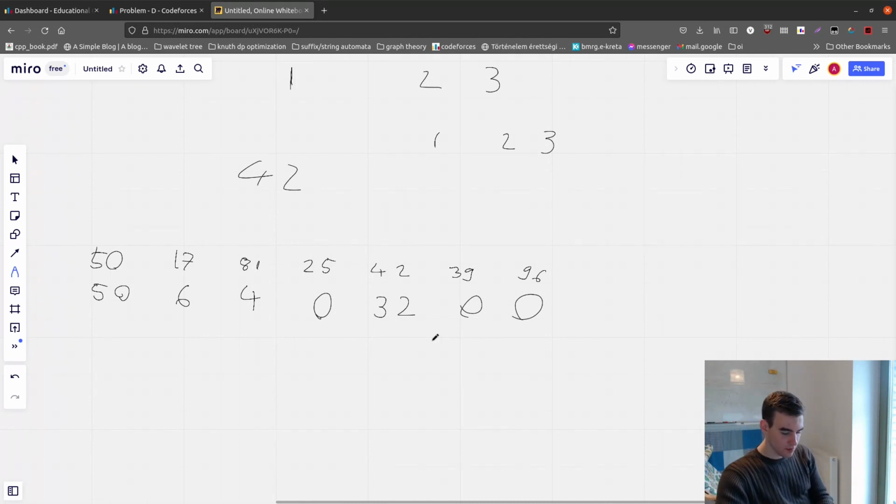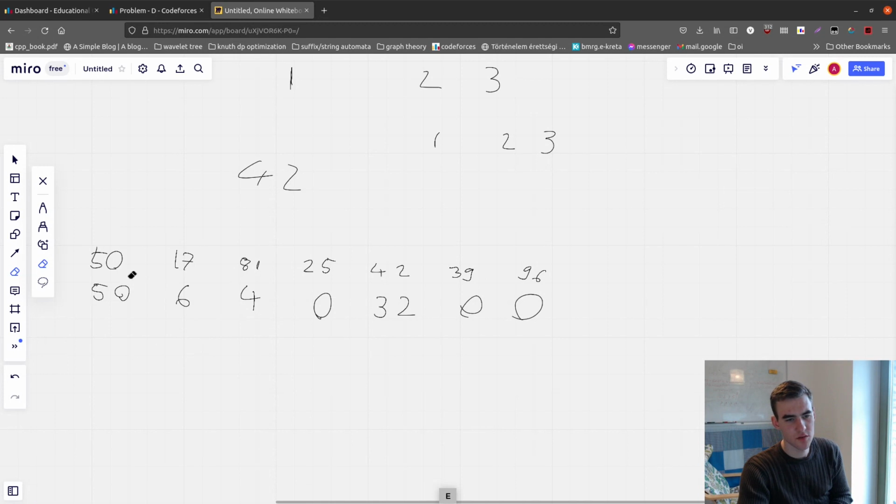What's the minimum to solve 42 with 3? It is 42 divided by 3, then I would put 14 here and that doesn't work.